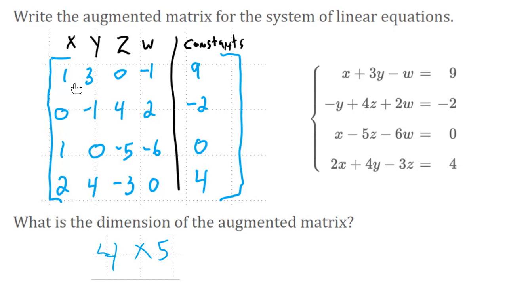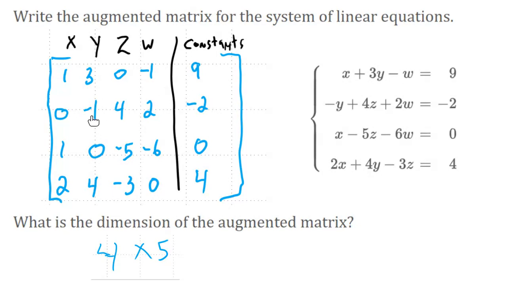So here we have a 1 for the X, 3 for the Y, but this one has no Z, so we're going to use a 0. Here we don't see it, but there's a 1 here, but since the symbol is a negative, it's going to be a -1, equals 9. Row 2, we don't have an X, so we'll signify that as 0.